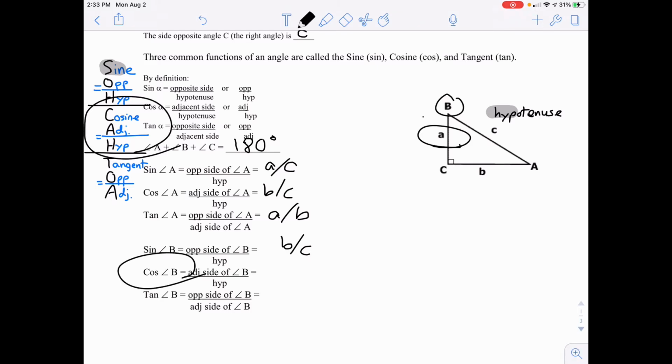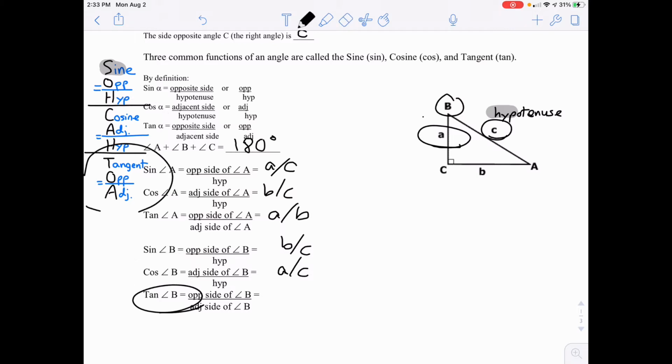Adjacent to B over hypotenuse. So that's side A over C. And lastly, tangent of B is equal to opposite over adjacent. So opposite to B would be little b over adjacent, which would be little b over little a.